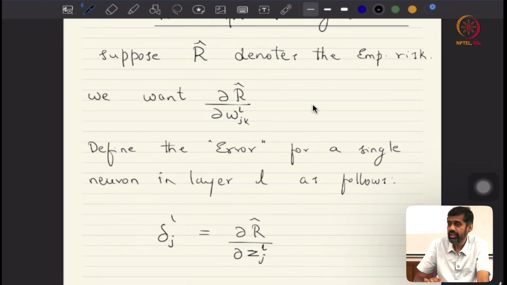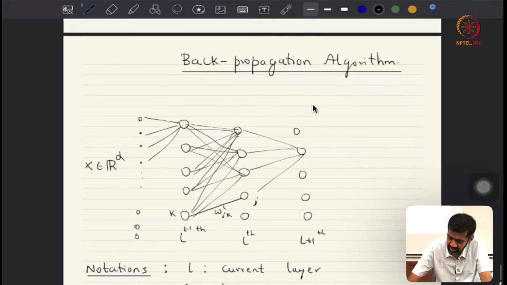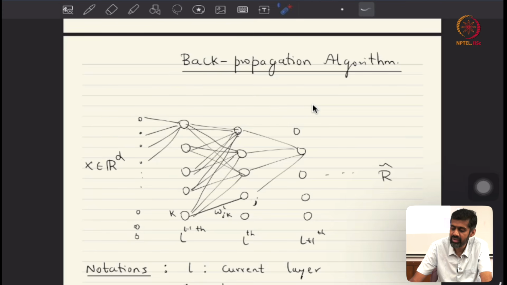Okay. So let me just give you an overview of how we go about solving this problem before we go with the algebra. See, the idea is very simple. Now here is where we have, after many layers, we have to compute R cap, right? If you want to find the derivative of R cap with respect to some weight here, the dependence of this particular weight on R cap is through every path this WJK has seen till R cap, isn't it?